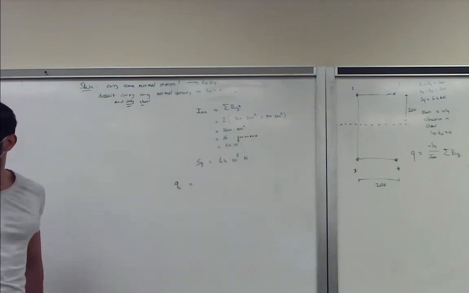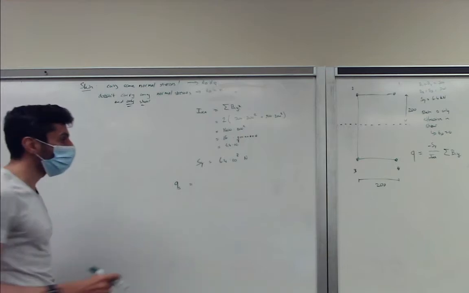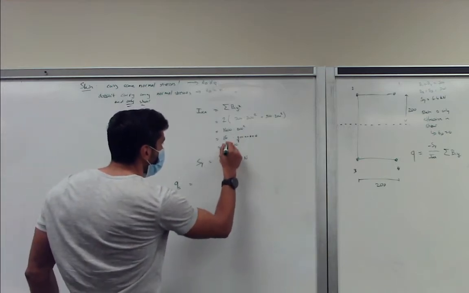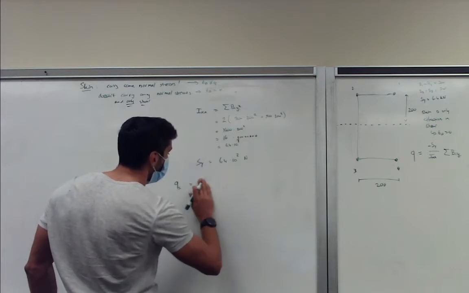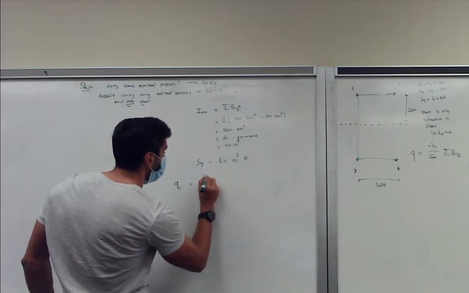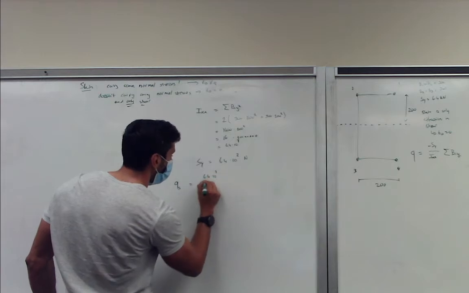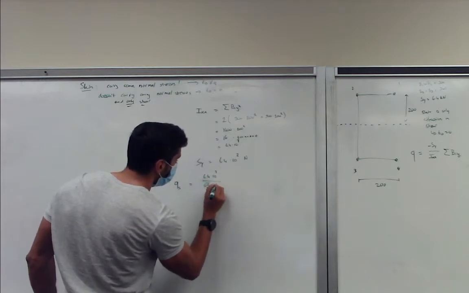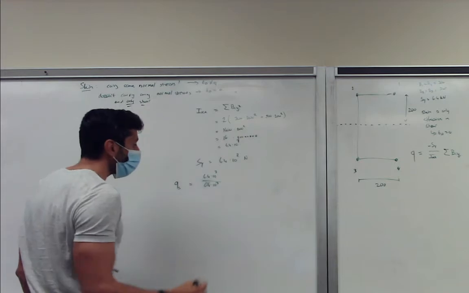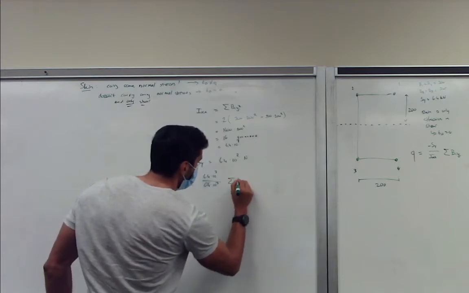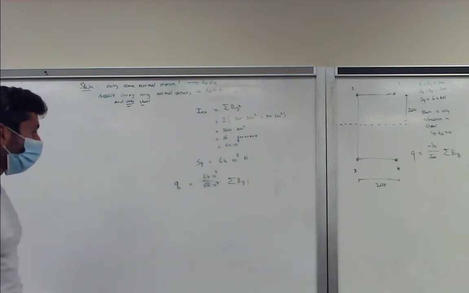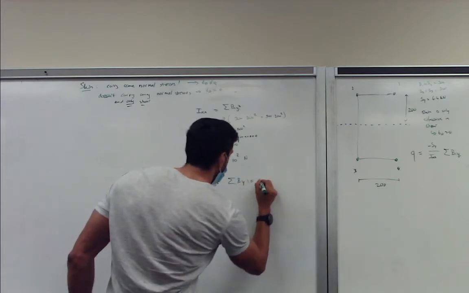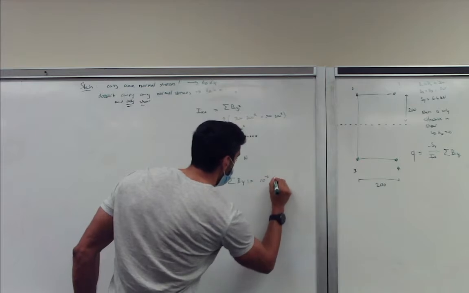Yeah, to the power 7. Yeah, perfect. I think I chose it for this to drop out. So we get 6.4 times 10 to the power 3 divided by 6.4 times 10 to the power 7, and then the summation of B y. To reduce it in complexity, we get 10 to the minus 4 times B y.